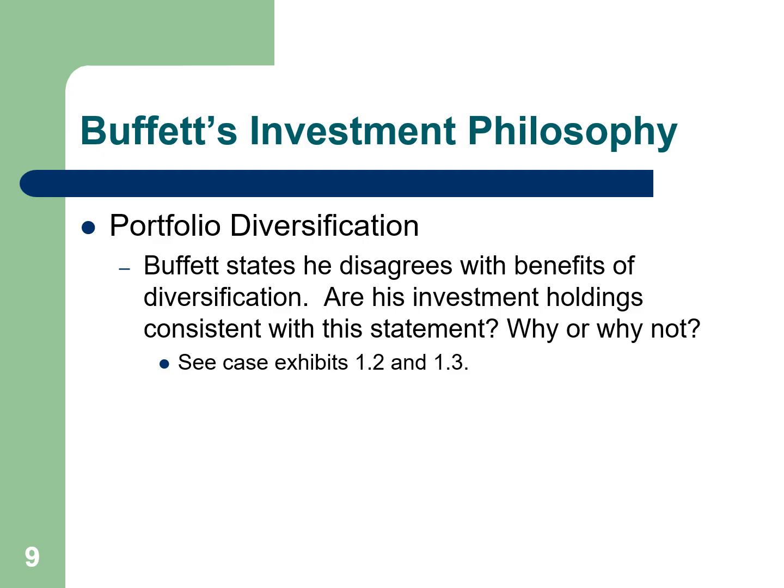An examination of his investment holdings, as detailed in Case Exhibits 1.2 and 1.3, reveals a portfolio that may seem diversified across industries, but is actually focused on a relatively small number of high-conviction bets. This strategy is consistent with his philosophy of, quote, putting all eggs in one basket and watching that basket closely, unquote.